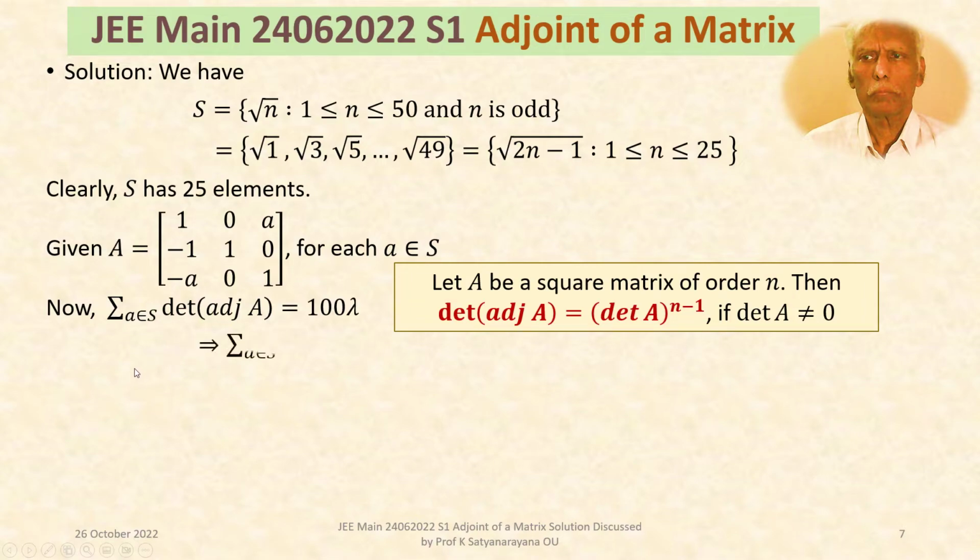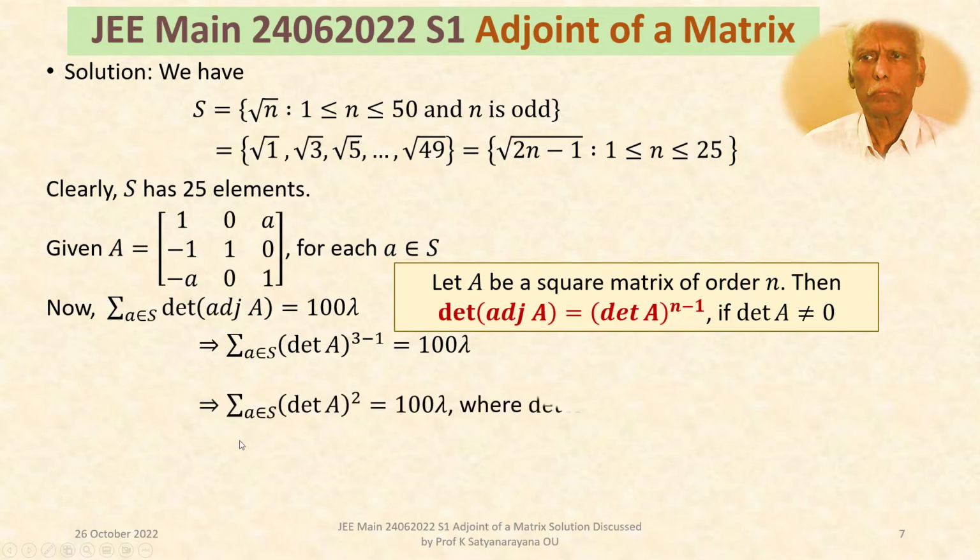So in our case, this implies the sum over all a belonging to S of determinant of adjoint of A is determinant of A to the power of n minus 1 where n is 3. So determinant of A to the power of 3 minus 1 is equal to 100 times lambda.